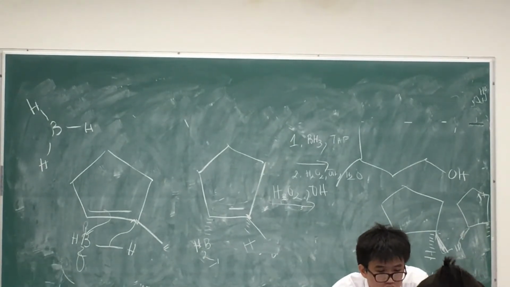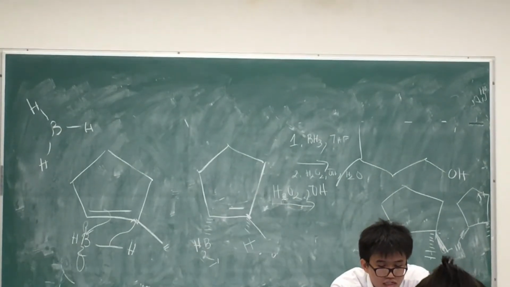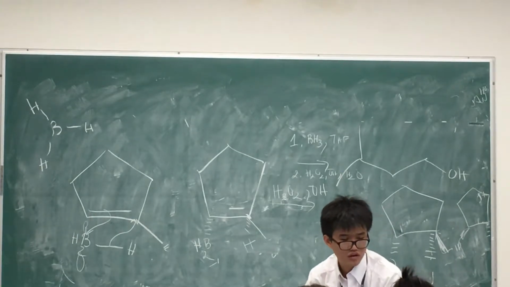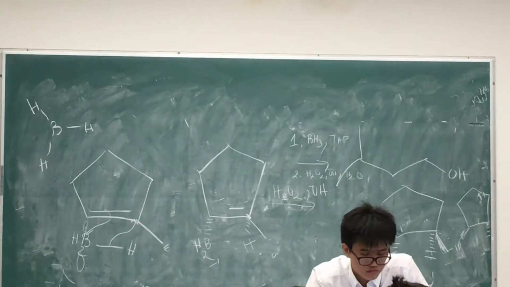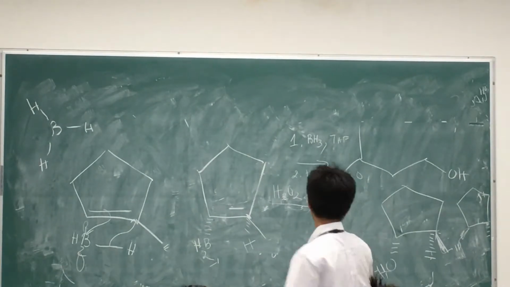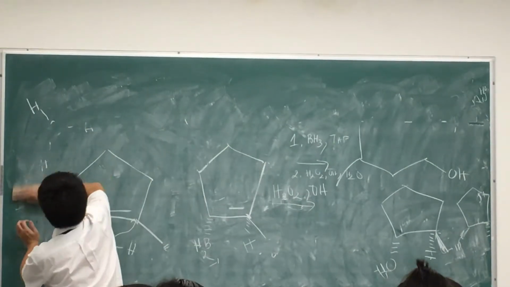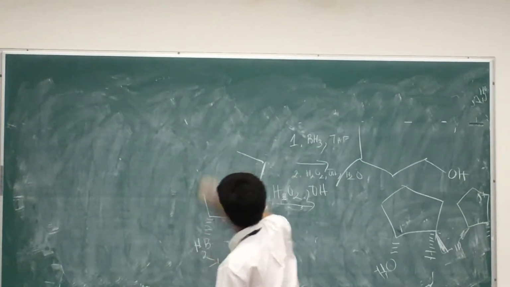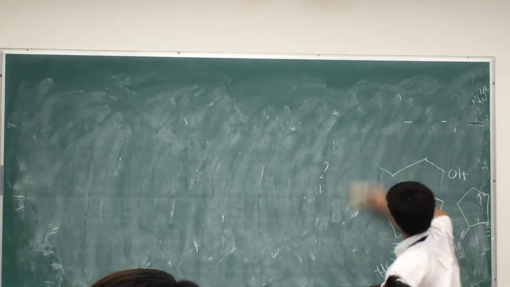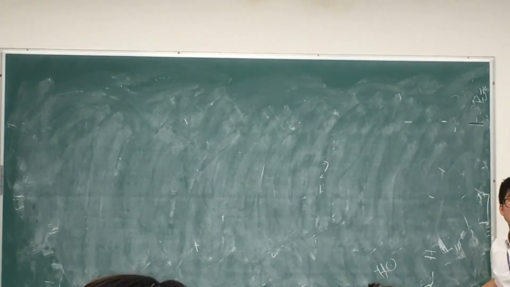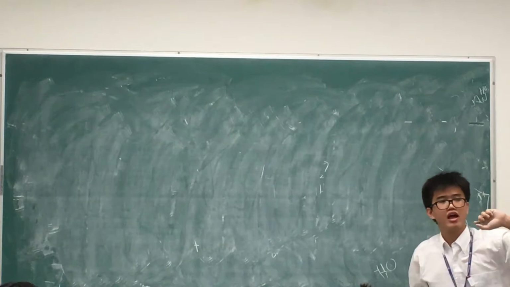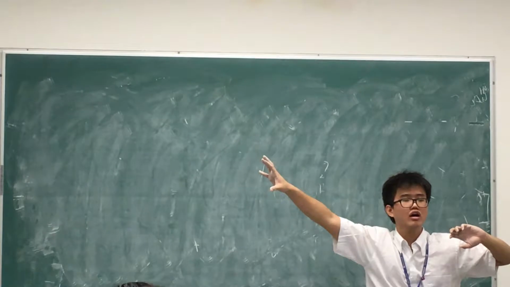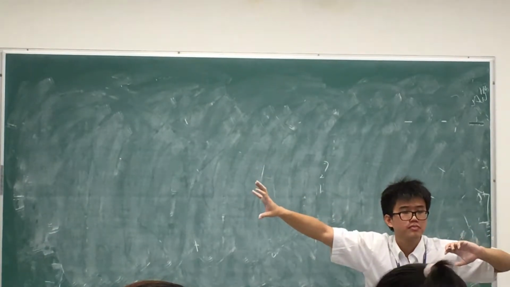Okay, now question 11. Predict the product of the following alkene addition reaction, H2O by hydroboration, oxidation. Okay, this question will be for Phoebe and Anne. So, rule of thumb, when you see BH3 and THF, H2O2 and OH minus, OH will go into the anti-Markovnikov position, right?